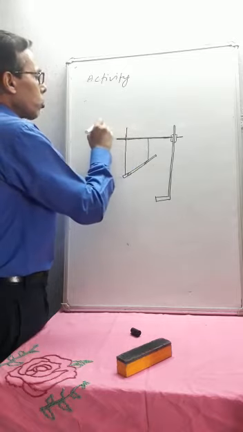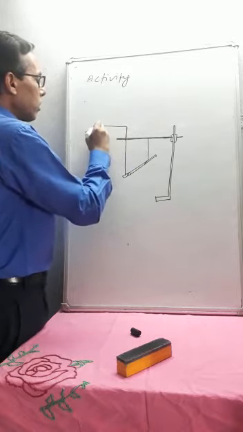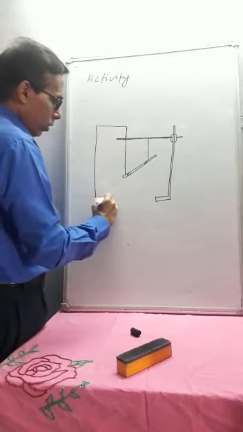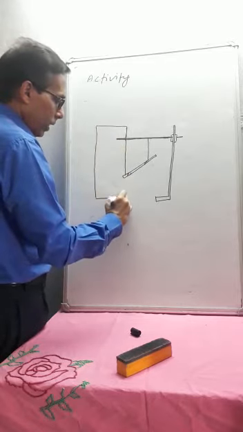Now the two end terminals of the wire are connected to the battery and key.